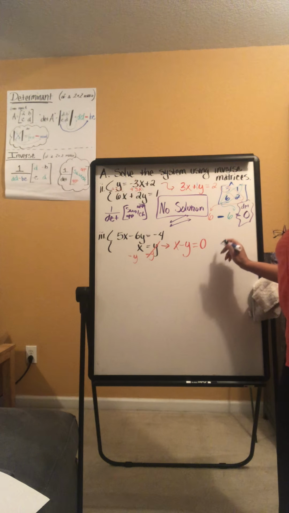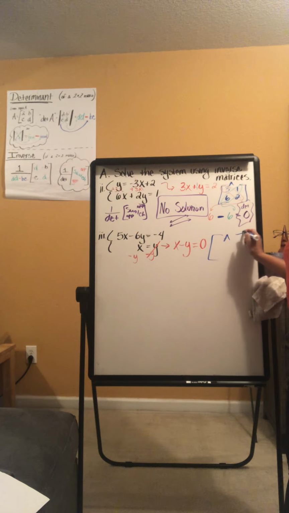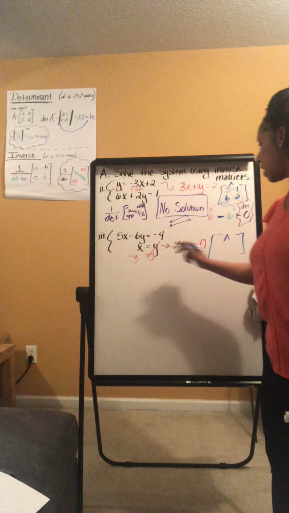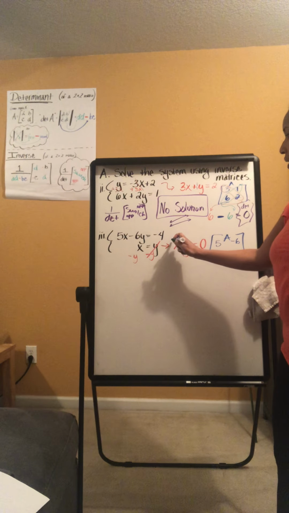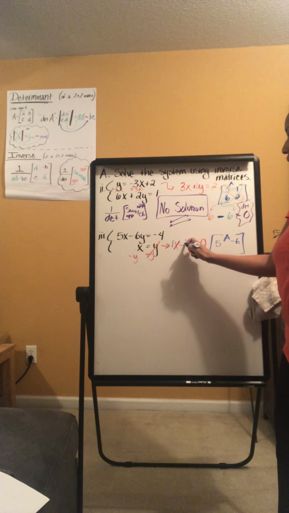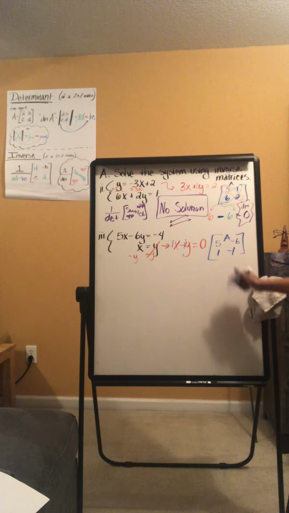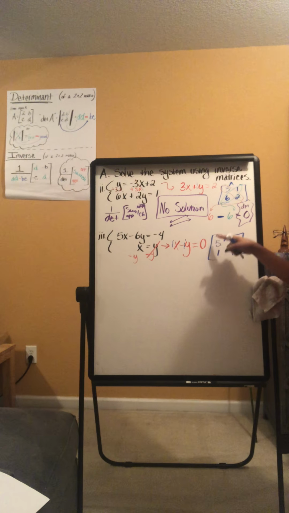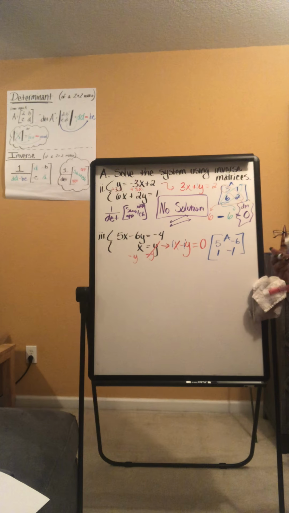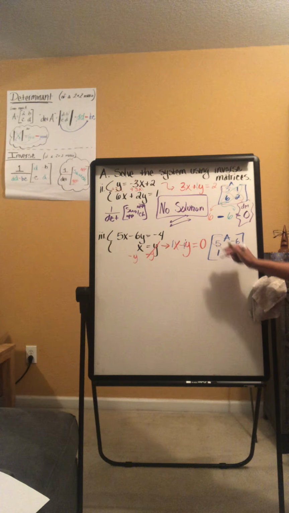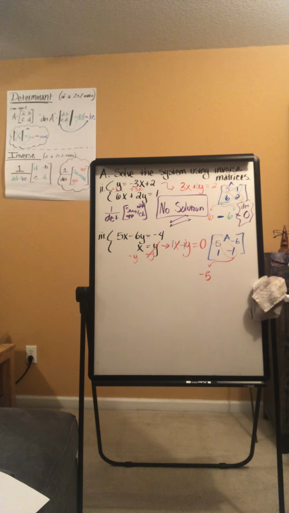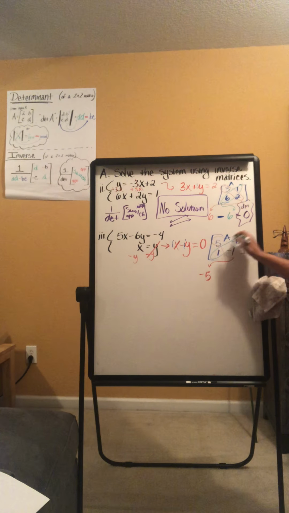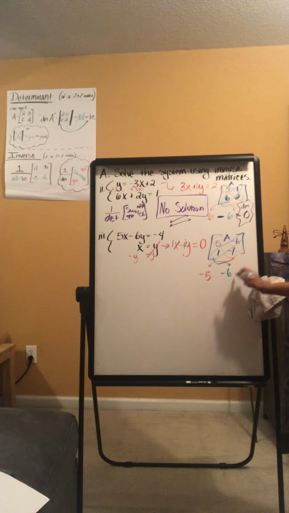Okay, so my coefficient matrix, the original A, would be 5 and negative 6, and 1 and negative 1. Again, the x's should always be first, and the y's should always be second. So let's find the determinant of this. 5 times negative 1 is negative 5, and the product of the second diagonal, negative 6 times 1, is negative 6.